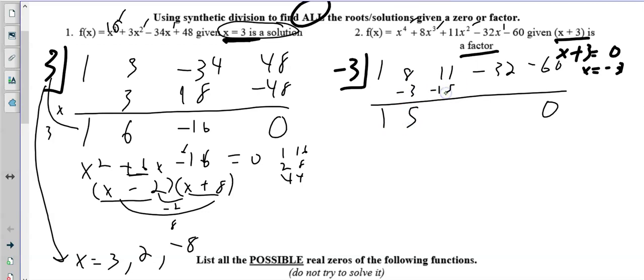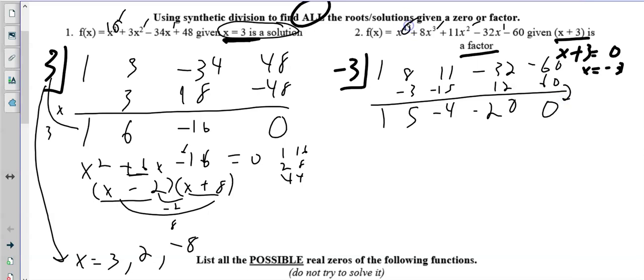Multiply. Positive times negative is negative. Add straight down. 11 minus 15, or 11 plus negative 15 is negative 4. Multiply. It's going to be positive 12. Negative 3 times negative 4. Add straight down. Negative 20. Multiply by negative, I get positive 60, and yes, that gives me 0.